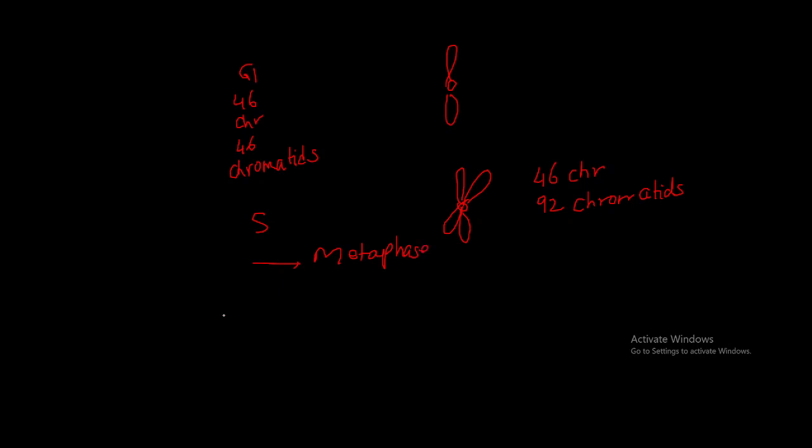Now in the anaphase and telophase, there will be 92 chromosomes and 92 chromatids. Why?